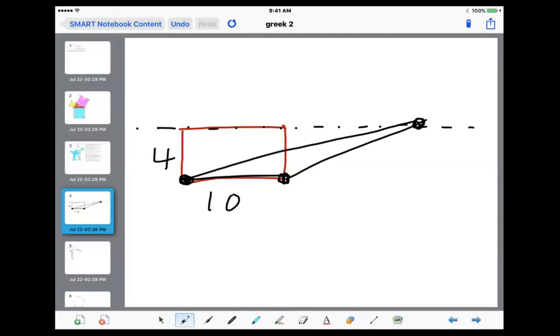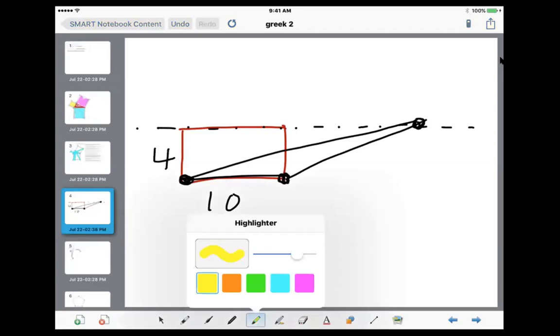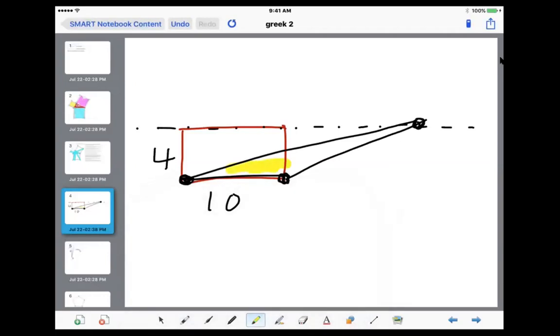So here's a question for you. Is there enough information to get the area of the triangle? What do you think of that? Is this yellow highlighted triangle, is there enough information, or do I need to know more about angles or anything like that? We do know the base.